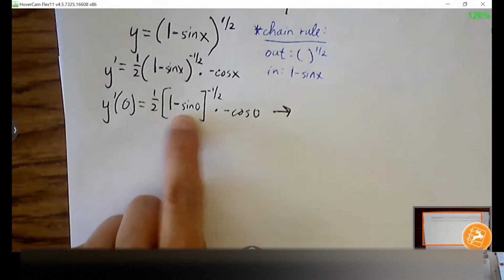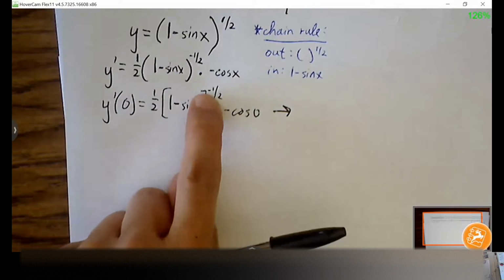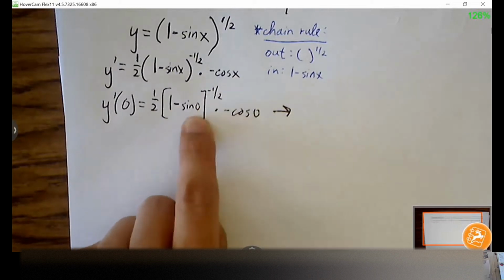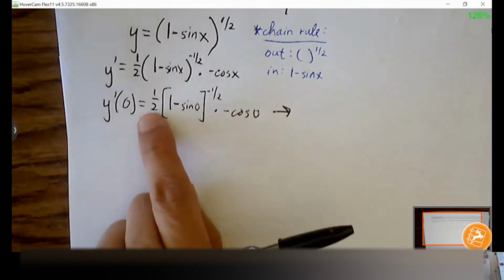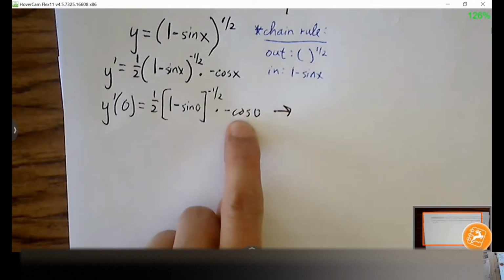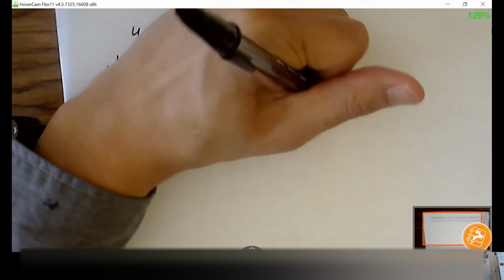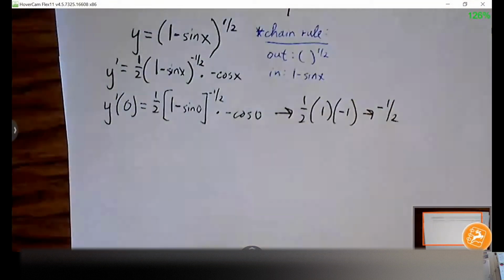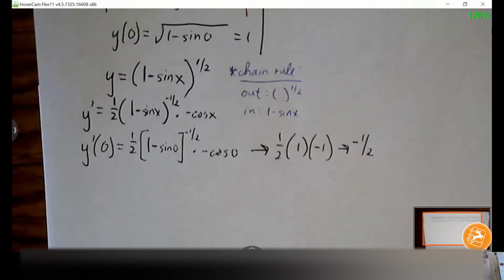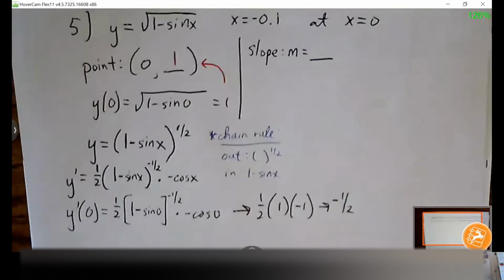Sine of 0 is 0. 1 raised to negative 1/2 is really just going to be 1, so that's nice. That negative 1/2 is not going to have any impact. So it's just 1/2 times 1 times, and then cosine of 0 is 1 as well, so negative 1. So 1/2 times 1 times negative 1 is negative 1/2.